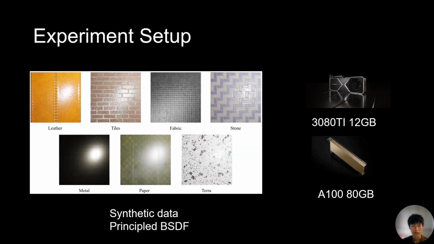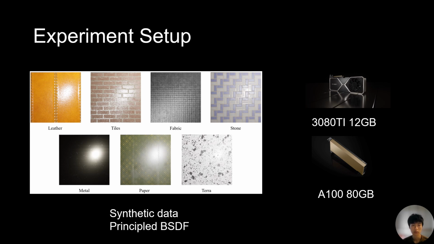We set up our environment by preparing the necessary data and the hardware. We create 2 synthetic datasets, in the specular model and the metallic model separately. We choose 7 classes of representative materials in the real world.